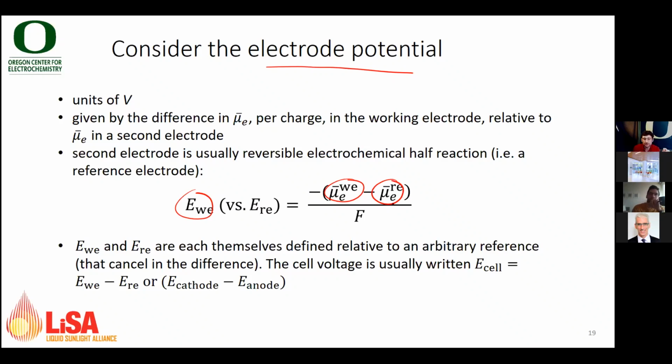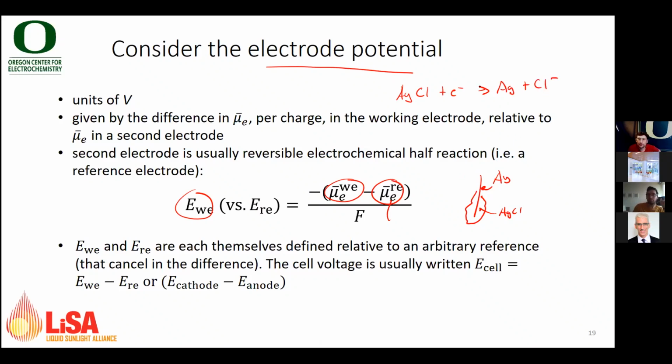So a reference electrode, if you think about a silver wire, a piece of silver coated with silver chloride, what is happening there is I am actually setting the electrochemical potential of the electrons in the silver, because I can write this reaction: silver chloride plus an electron goes to Ag plus Cl minus.